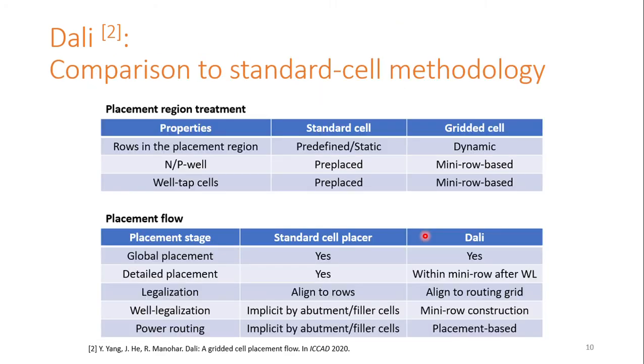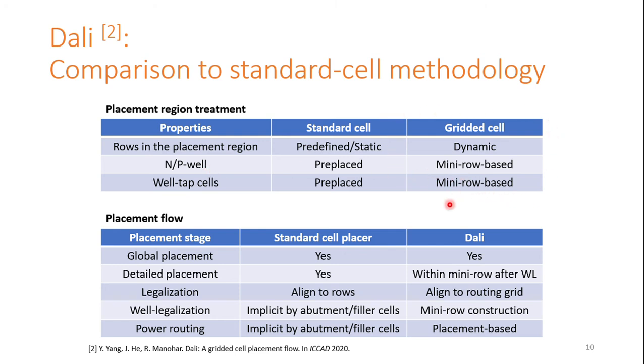Now compared with standard cell methodology, gridded cell differs in many ways. In standard cell methodology, rows in the placement region are predefined or static, while in gridded cell methodology, rows in the placement region are dynamically formed by grouping gridded cells together. Therefore, NP wells and well tap cells are pre-placed in standard cell methodology, but those are mini-row based in gridded cell methodology.